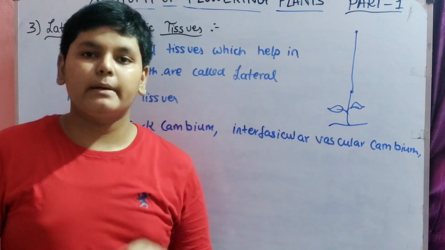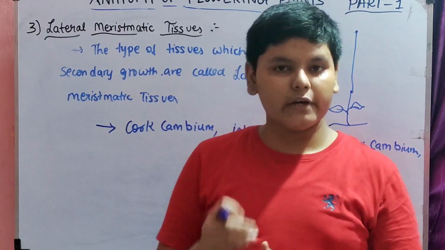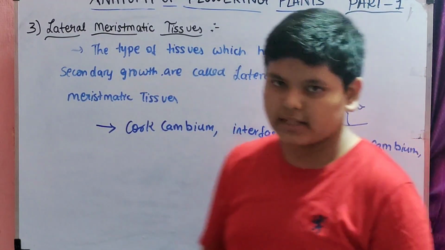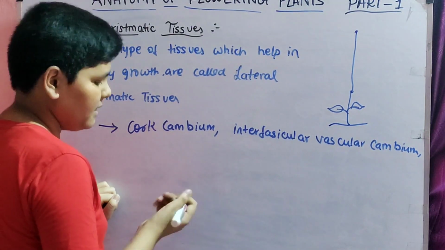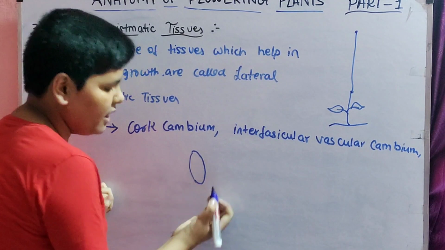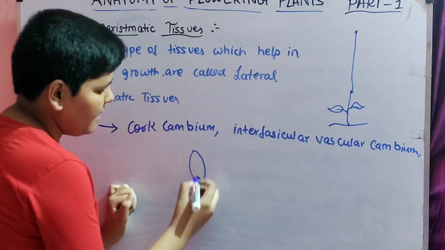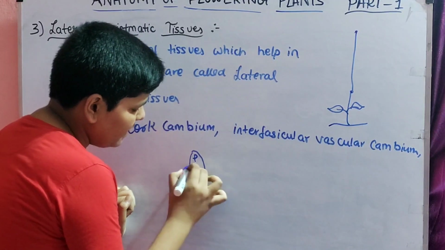Interfascicular vascular cambium, we'll be discussing these things in the anatomy of roots and anatomy of stems. Then we have vascular cambium. Let me give you brief information about what a vascular cambium is. There is one bundle, called a conjoint bundle, in which xylem and phloem are present. In between the xylem and phloem there is one layer like this.